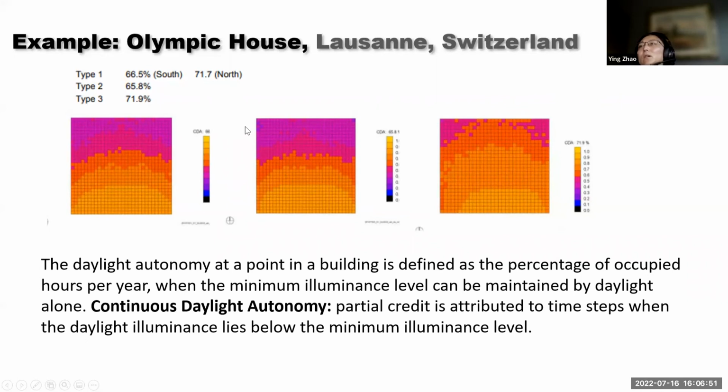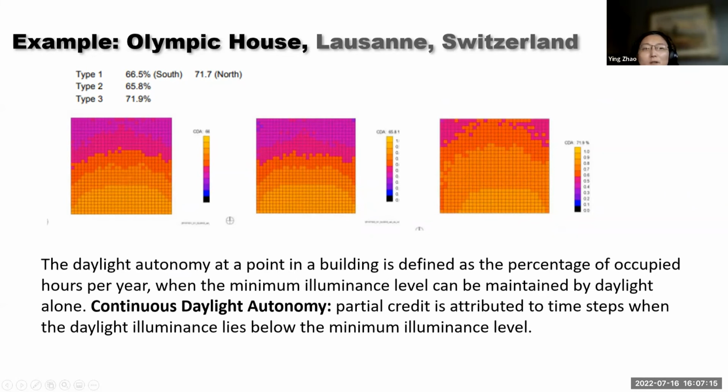They also analyze the three facades with daylight effect. Both energy and daylight are important things they want to consider. They use a parameter called daylight autonomy at a point in the building.